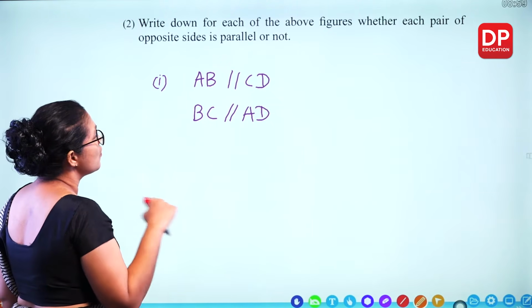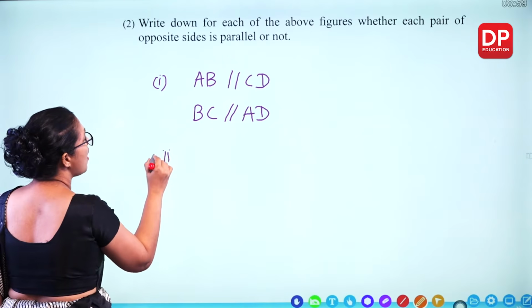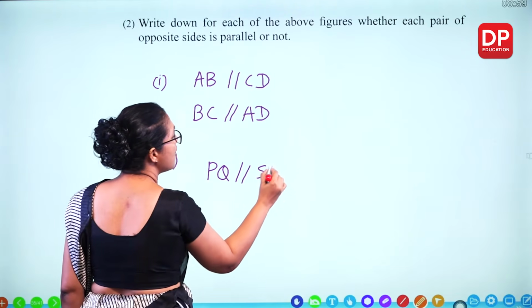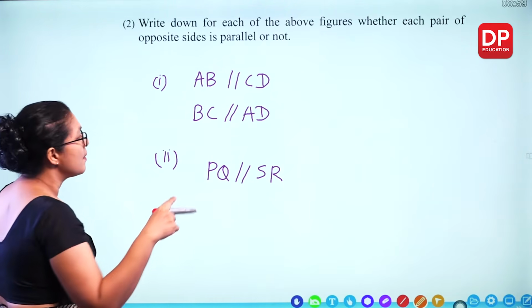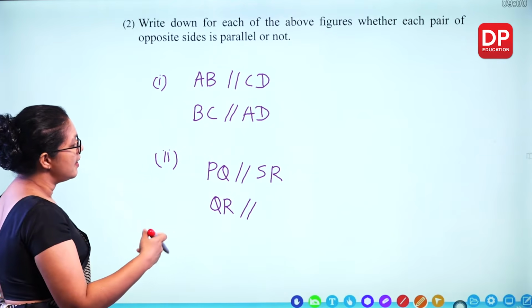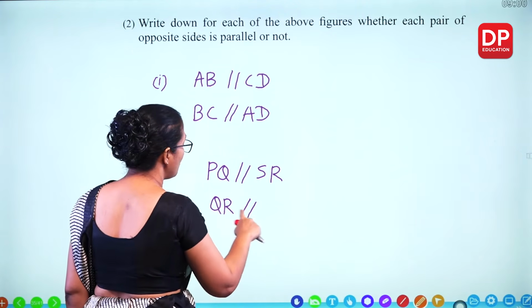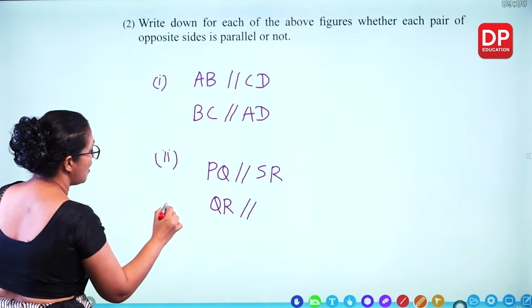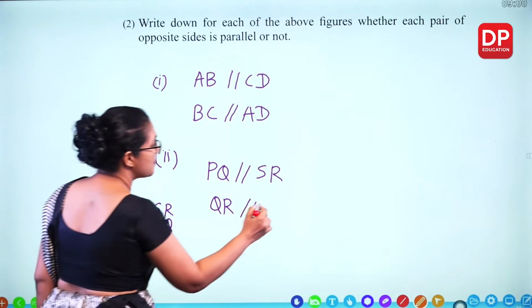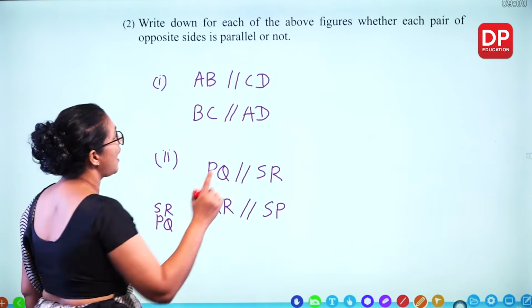In the second one, PQRS, PQ is parallel to SR, and QR and SP lines are parallel. Opposite sides are parallel in the second diagram.